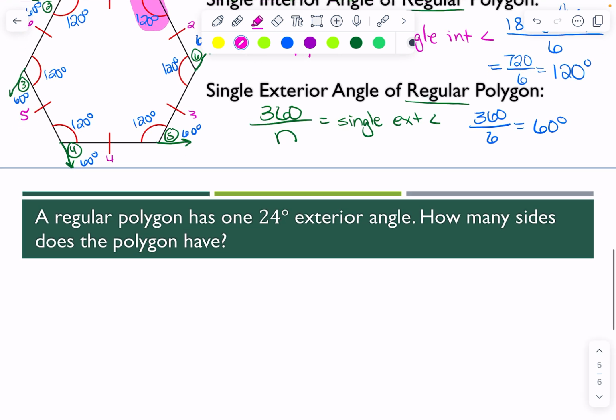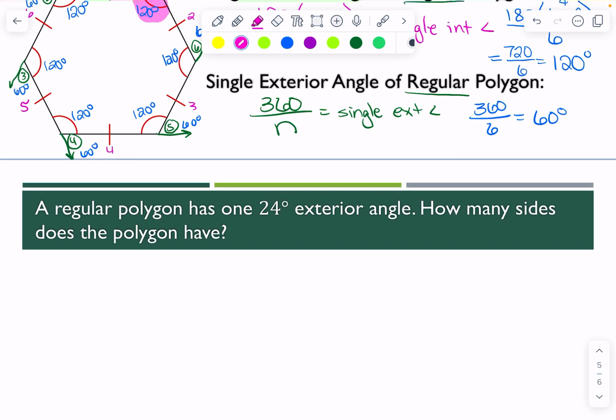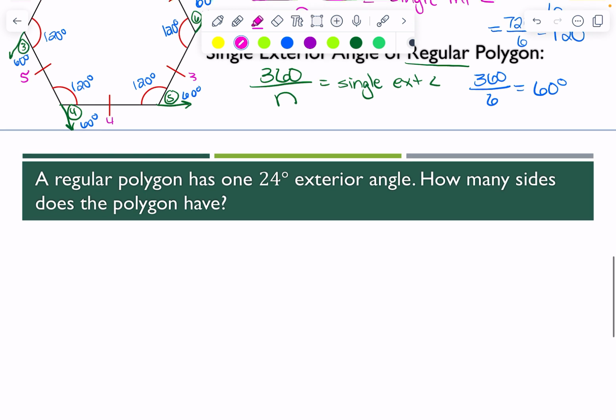Okay, so now let's go back and try, how do we work backwards in that formula? If you notice on this problem, it says a regular polygon. Okay, so we know it's regular, has one 24-degree exterior angle, and we want to know how many sides.